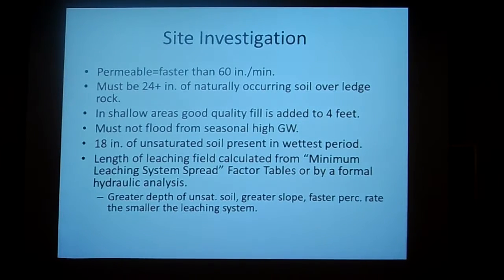But you also need to be in an area that has 24 or more inches of naturally occurring soil over the ledge rock. If the area does not have this, then where there is shallow areas, you could use good quality fill, but you would have to add to 4 feet.